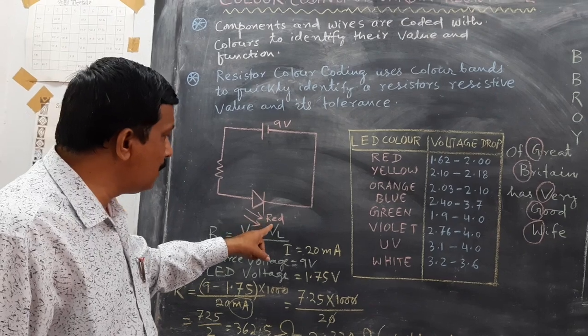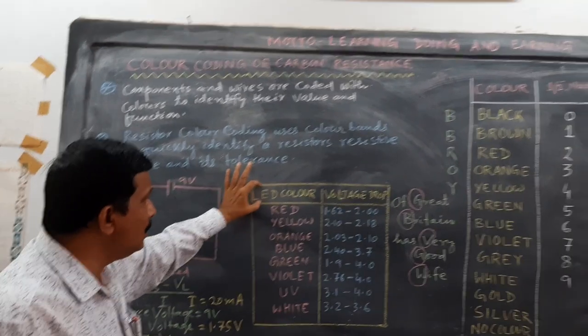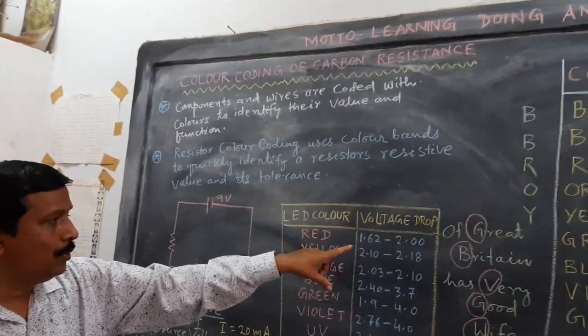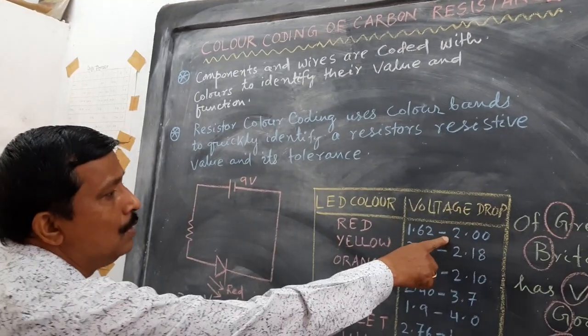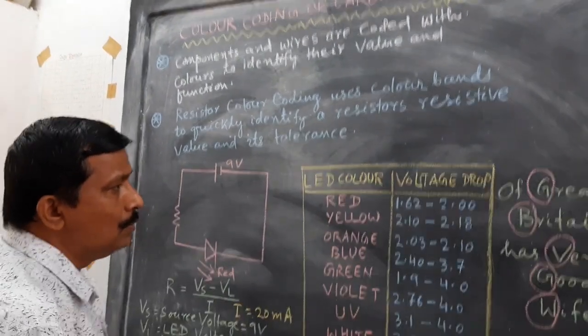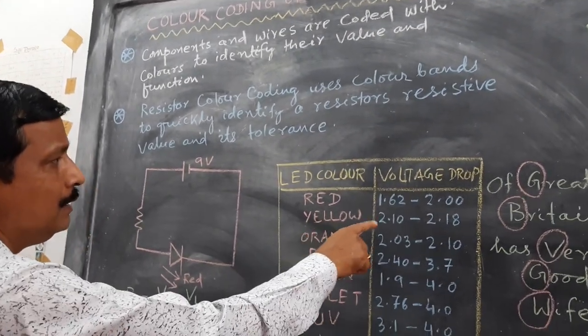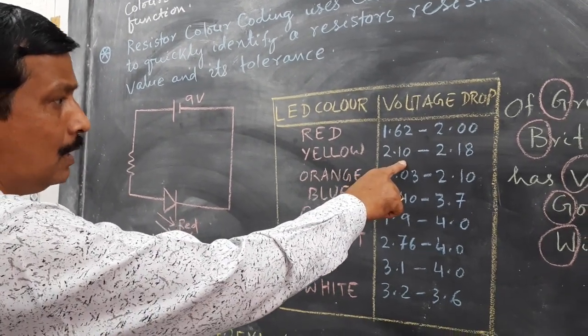See here, I have written here red. So you will see the table here. This is LED color and voltage drop. Suppose red color, the voltage drop is 1.6 to 2.0. Similarly, if it is yellow color, the LED voltage drop is 2.10 to 2.18.